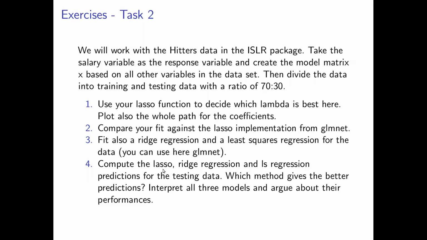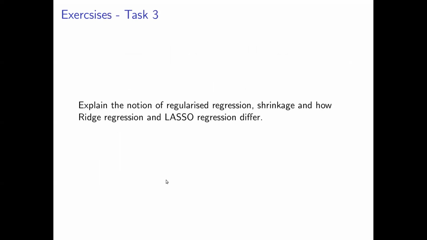And for all these, compare lasso, ridge, and least squares, the prediction on this data, and decide which of the models, lasso, ridge, and OLS, is performing best with predictions, and interpret how these models perform and briefly argue their performance.